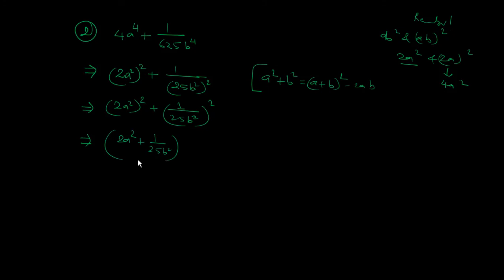a square plus b square is (2a square plus 1 over 25b square) whole square minus 2 times a times b. What is a? 2a square. What is b? 1 over 25b square. Hope my students understand this and copy the first step.